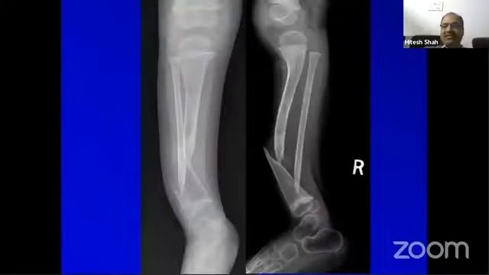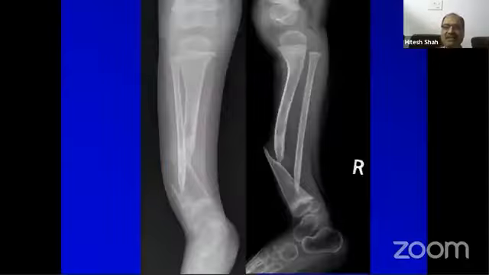Okay, another child, similarly with anterolateral bowing and café-au-lait spots, and this is the X-ray. Describe it. This is another child, not the same child, but the bowing is similar, anterolateral bowing with café-au-lait spots, and this is the X-ray.